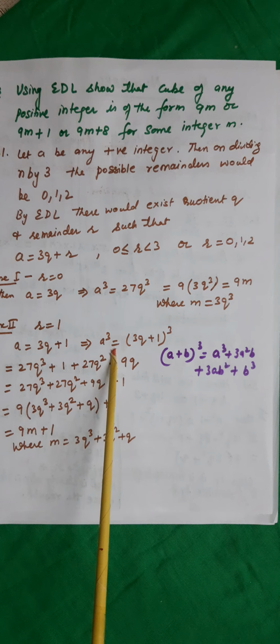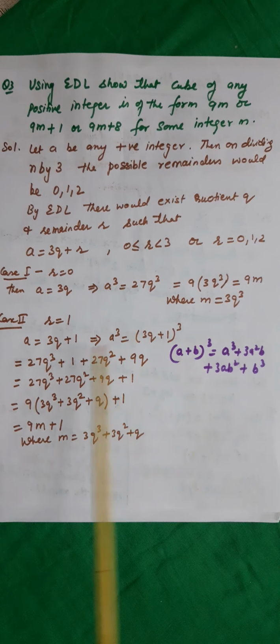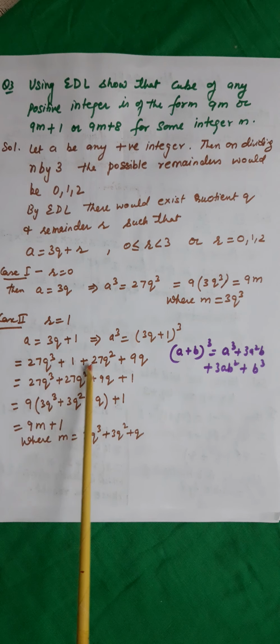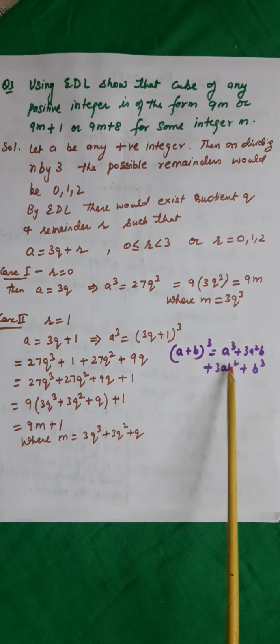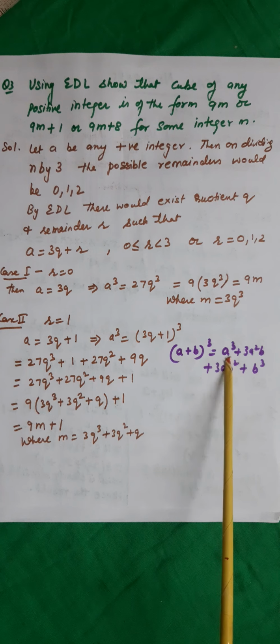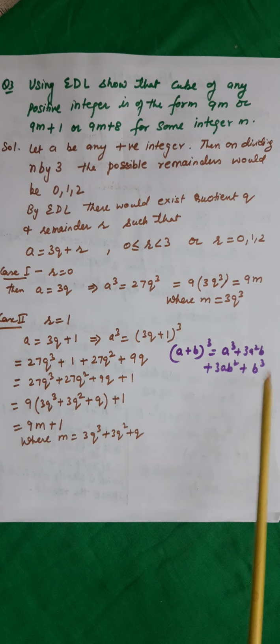This implies a cube will be equal to (3q plus 1) whole cube. So this will be equal to 27q cube plus 1 plus 27q square plus 9q. We have used the identity (a plus b) whole cube is equal to a cube plus 3a square b plus 3ab square plus b cube.